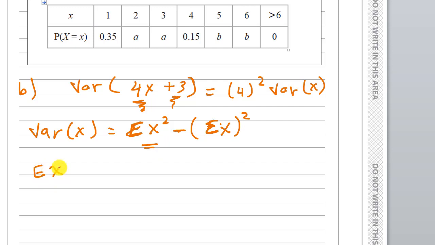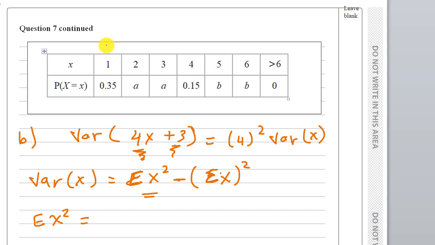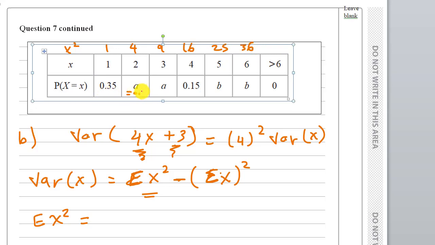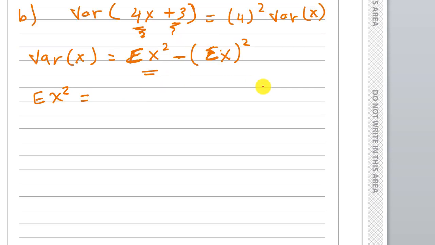Expected X squared is equal to, let us find the X squared. So 1, 4, 9, 16, 25, 36, this is X squared. And A is equal to 0.2, and here 0.05, 0.05. So let us find this value.